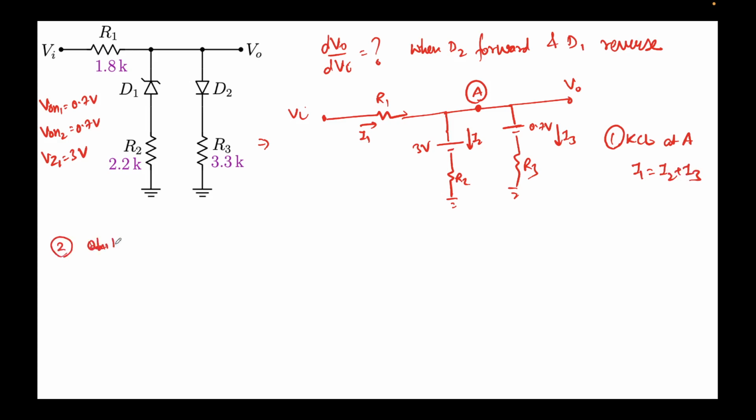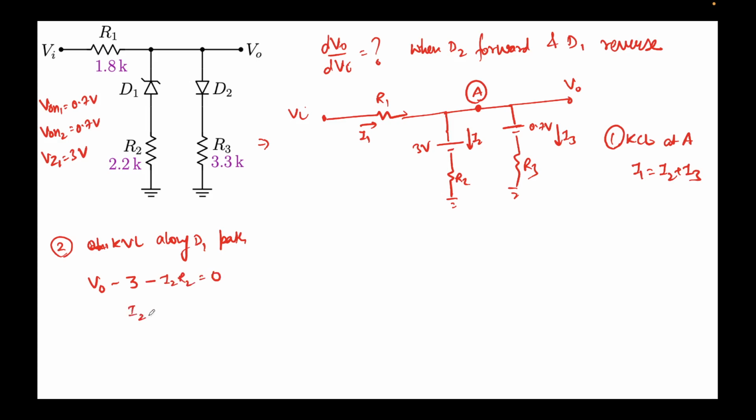To do that, we can apply KVL along the D1 path, that is KVL along this route. So if I write KVL, this is a positive terminal that we are encountering, so V naught minus 3 minus I2 R2 should be equal to 0.